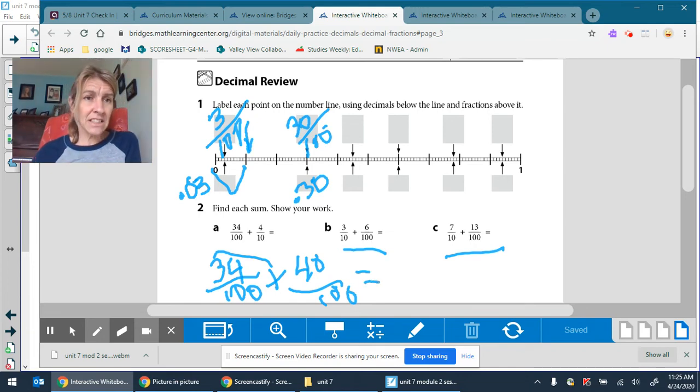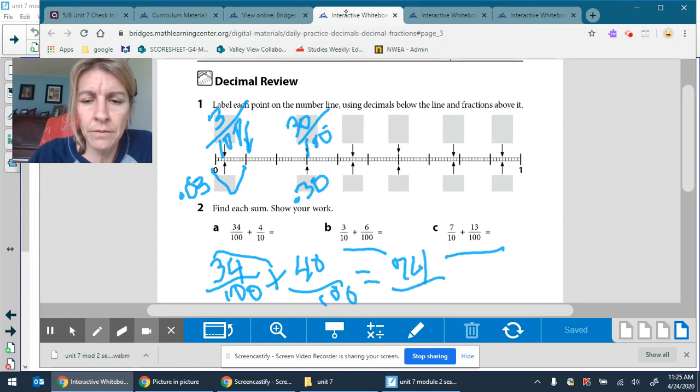And again, that's very messy work, but I think you can follow. 34 plus 40, in fact, is, you can get to the sum however you want. I got to it by doing 30 plus 40 plus 4 more, so it's 74 out of 100.